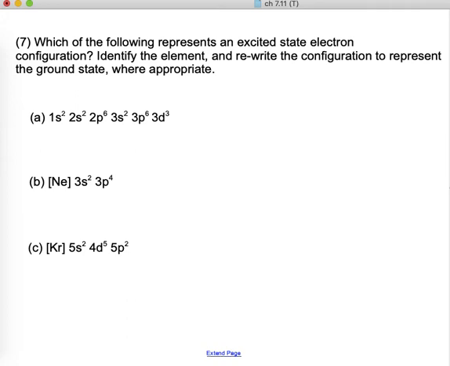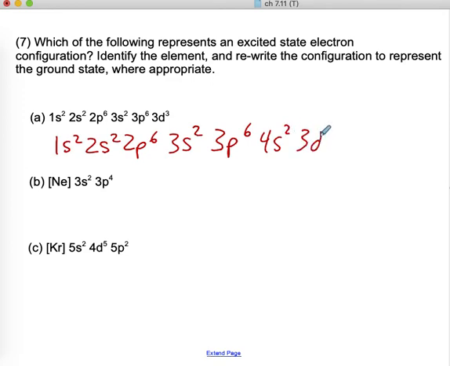No, it's not, because we know that the 4s sublevel fills before the 3d. So we'll rewrite this in the ground state. 1s2, 2s2, 2p6, 3s2, 3p6, and of the remaining 3 electrons, 2 will go into the 4s, 1 will remain in the 3d. I look on the periodic table and see which element has 1 electron in the 3d sublevel, and that would be scandium.